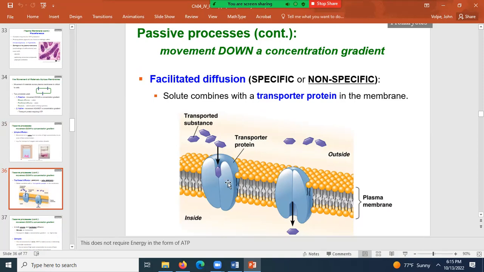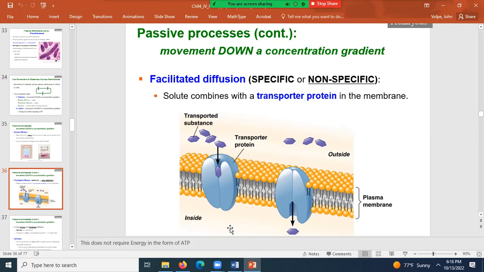So facilitated diffusion does have a transport protein, but this transport protein does not need to use ATP to move the molecule across the membrane, because the molecule is moving from areas of high concentration to areas of low concentration. So the molecule is moving down a concentration gradient, and you can think of this as a channel protein, because it is not really pumping the molecule across against the concentration gradient.